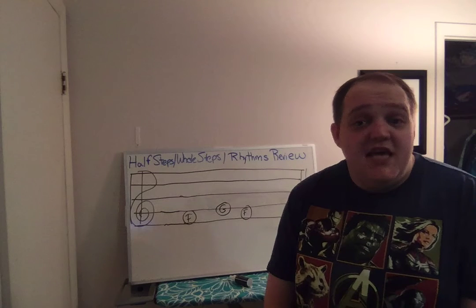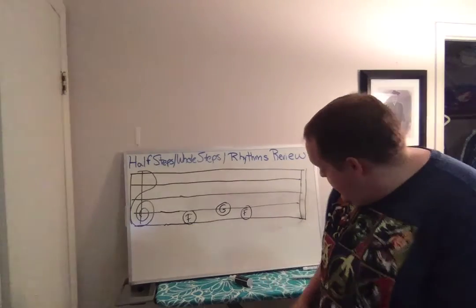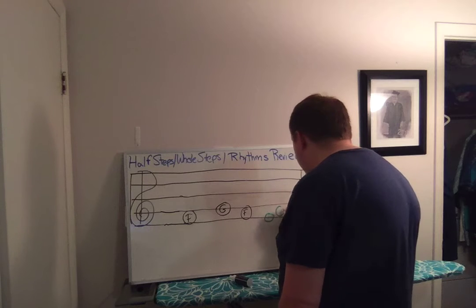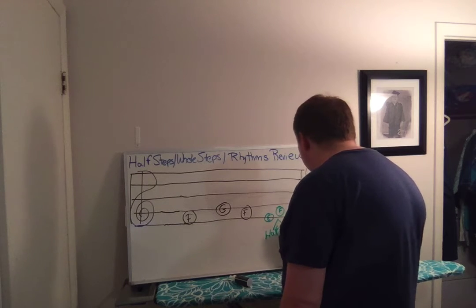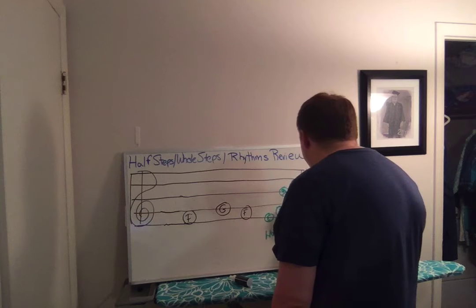Okay? It's the only one, well, no, there's two. E to F is a half step, and B to C is a half step.